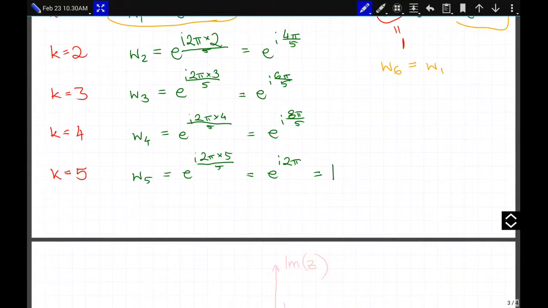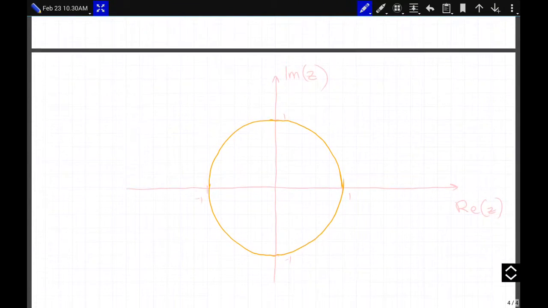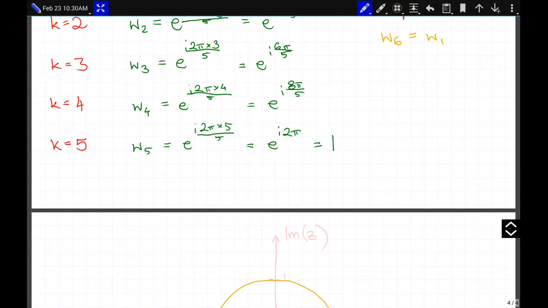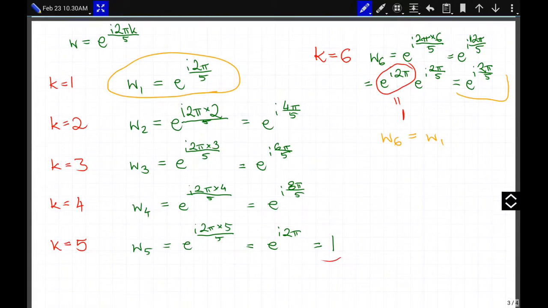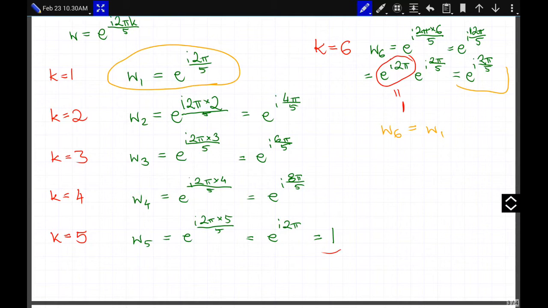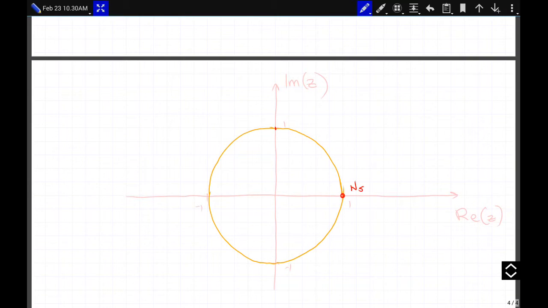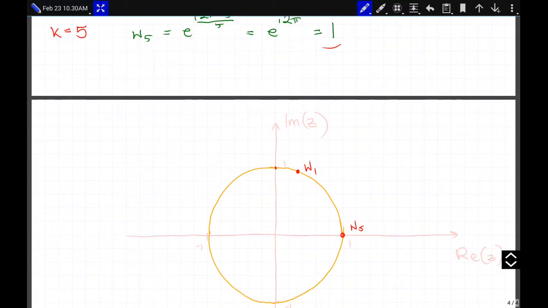Now if we draw our roots in the unit circle, we have w5 here as it's 1, and then our w1 is e to the i 2 pi over 5, so we're somewhere in here, that's w1.